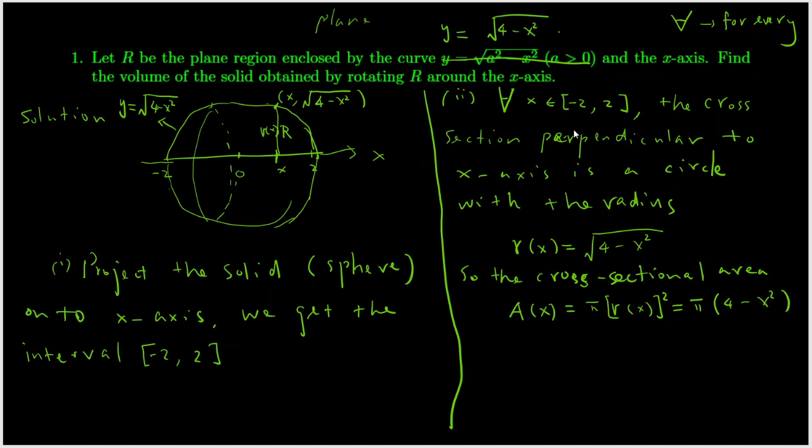Any questions so far? The second step is actually the key step, a harder step. After getting the area of the cross section, we are ready to set up the integral.